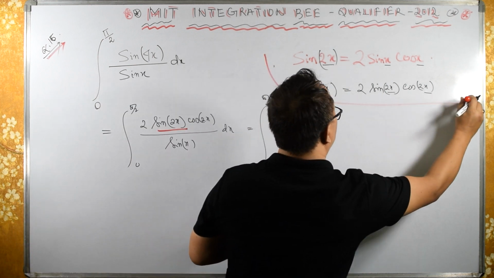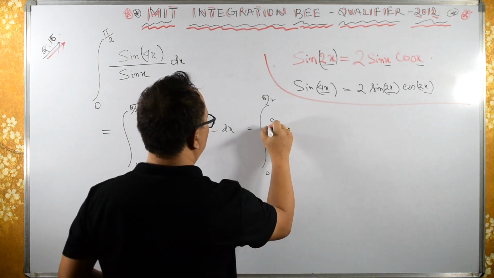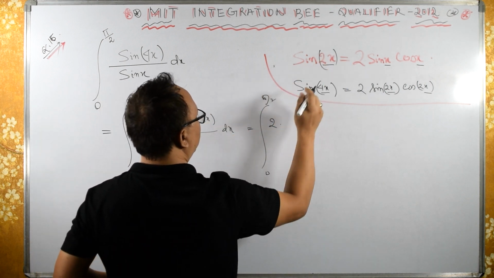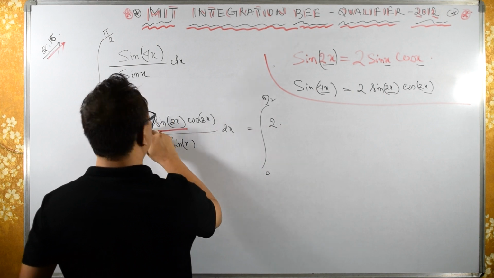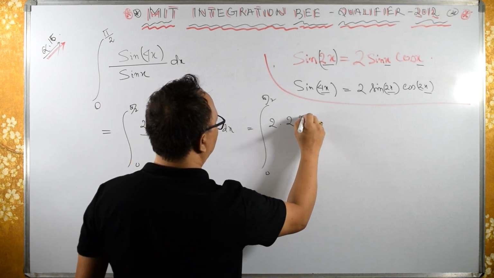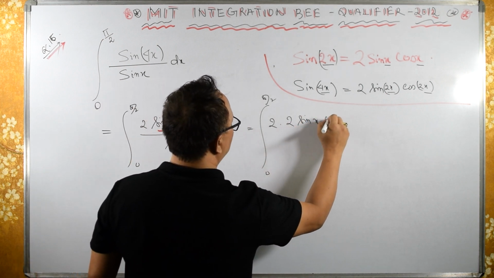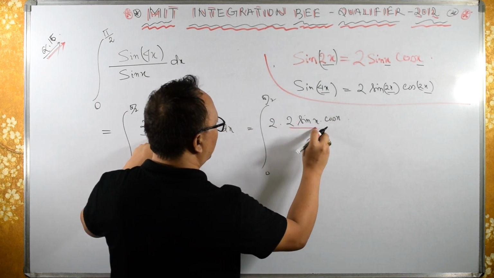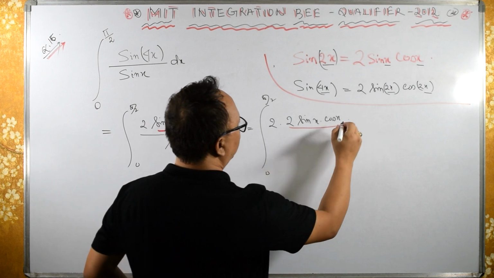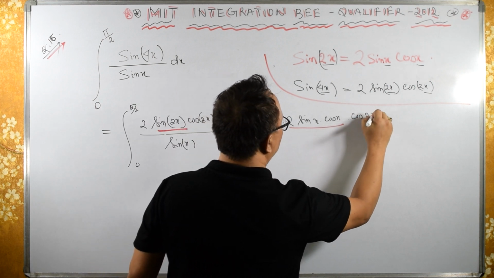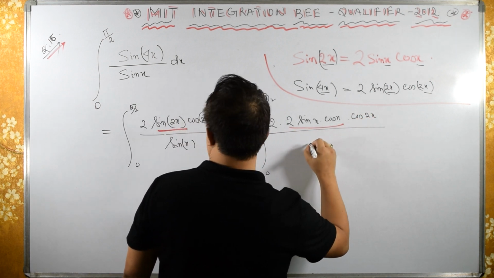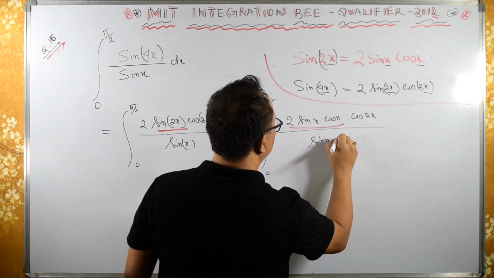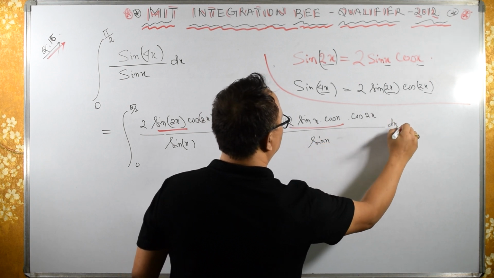So this is the formula we have. Twice sine 2x, and for this we have the formula: twice 2 sine x into cos x. This is the sine 2x formula. And then we have cos of 2x upon sine of x dx.